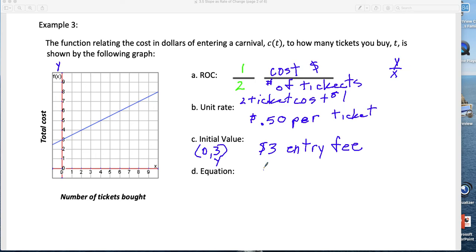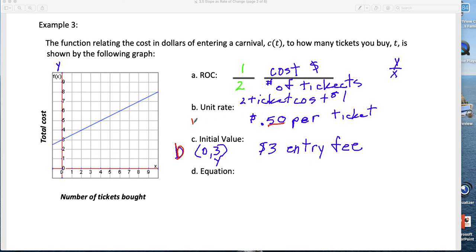All right, so my equation, this is going to be my B. I'm trying to make this not confusing. This is B because it's the initial value, and I wanted that to be in red. It's not changing. There we go. Okay, that's B. It's my initial value. Here's my unit rate, which is 50 cents.